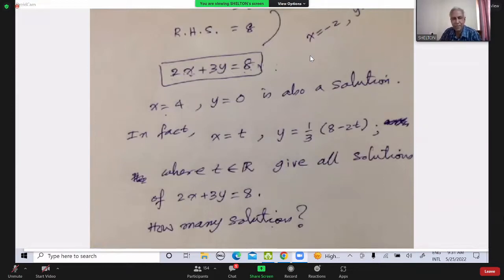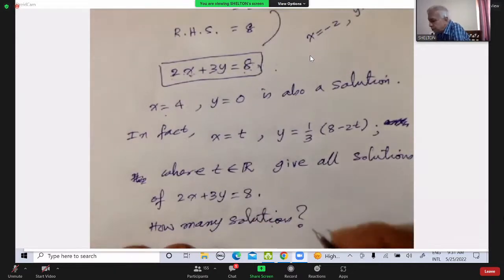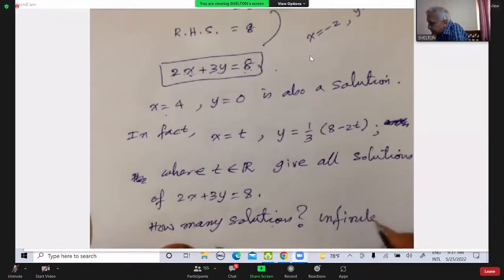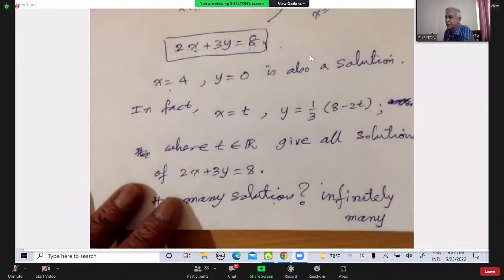If you take the set consisting of 1, 3, 7, you can count first one, second one, third one, and finish. It's a finite set. Real numbers we cannot even think of counting. That many are there. Not finite, meaning infinitely many. Infinitely many solutions.